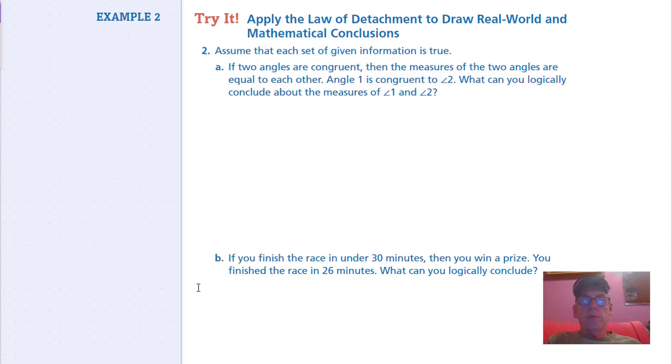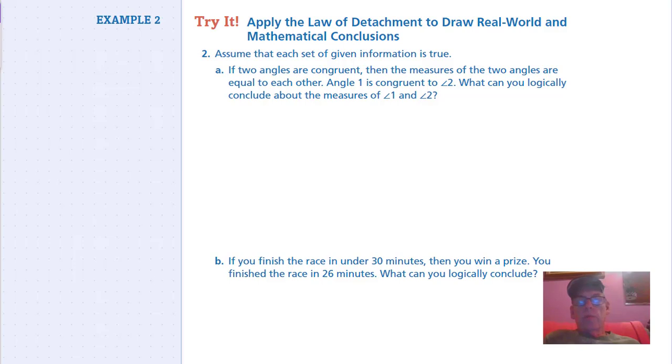Let's look at example 2. We want to apply the law of detachment. Assume that each set of given information is true. If two angles are congruent, then the measures of the two angles are equal. So angles congruent, measures are equal. That's our hypothesis and conclusion.